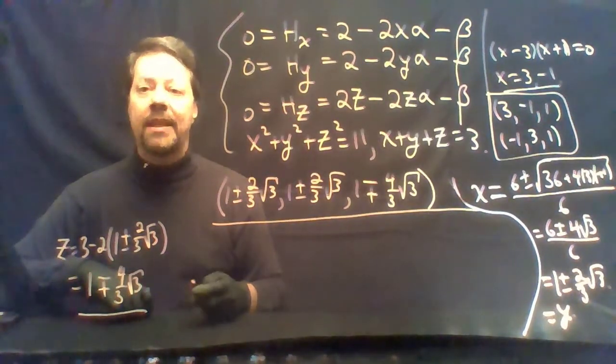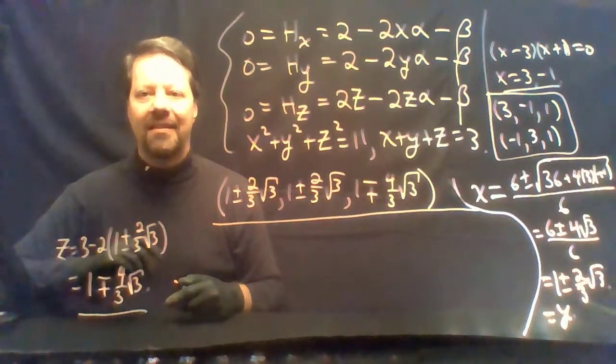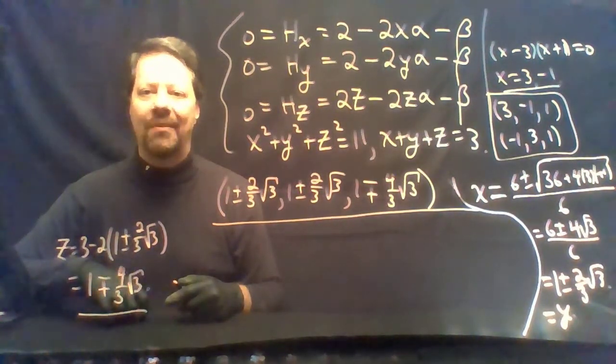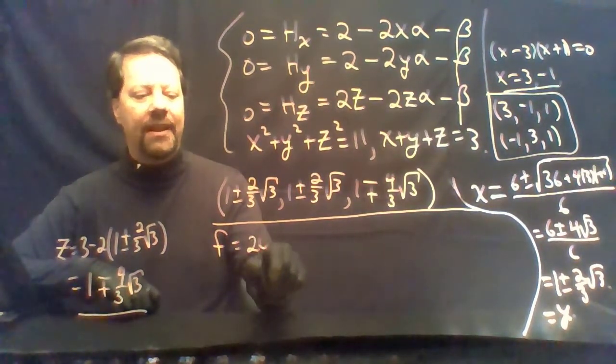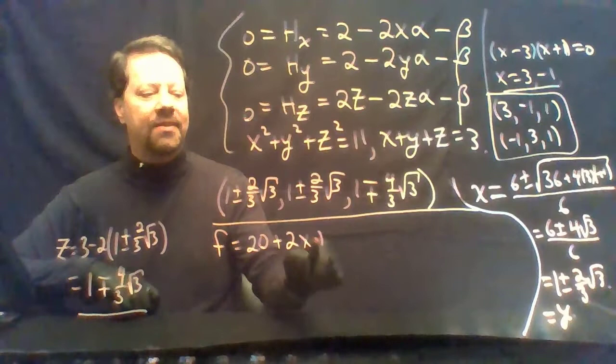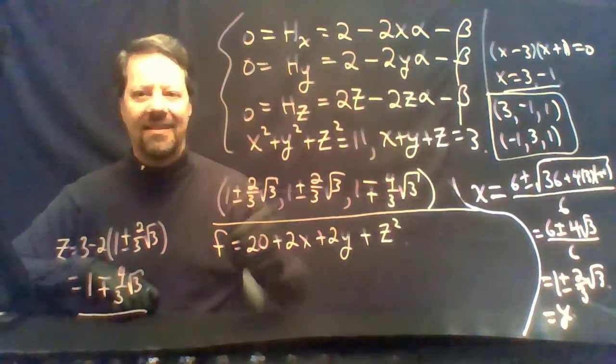We need to evaluate the objective function at each of these 4 critical points to determine which is the max and which is the min. Remember that the objective function was 20 plus 2x plus 2y plus z squared.